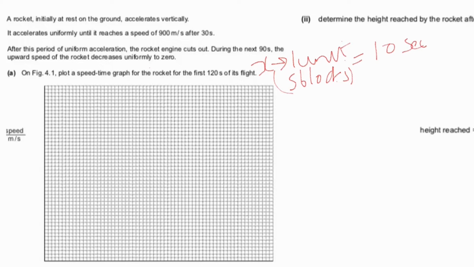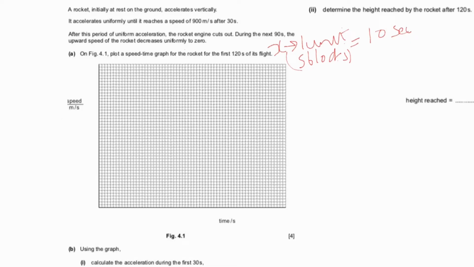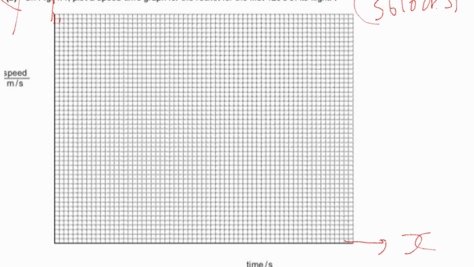So first we will do this axis marking. We will write here the x-axis and here the y-axis. For the x-axis we have written 5 blocks, means 10 seconds. So here 1, 2, 3, 4, 5, so 10.